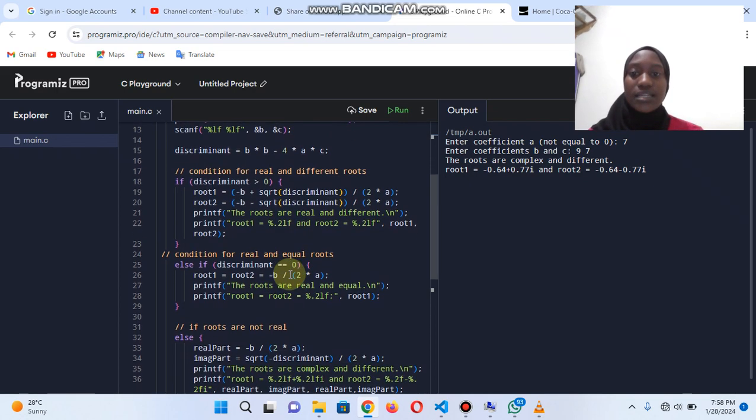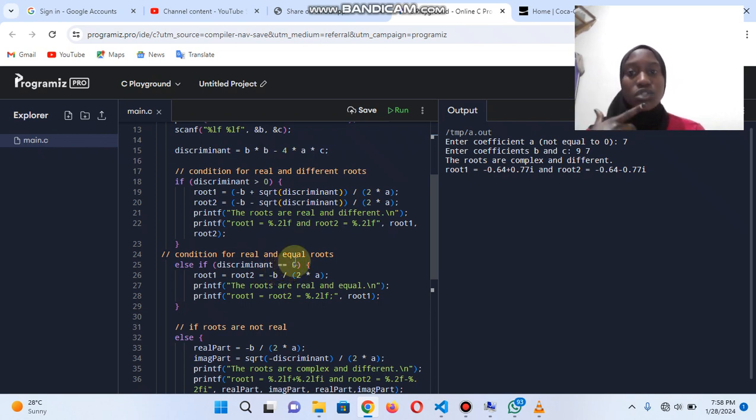Well, the next part, the next condition, we have the condition for the roots to be real and equal. This condition is only possible if the discriminant is equal to 0.